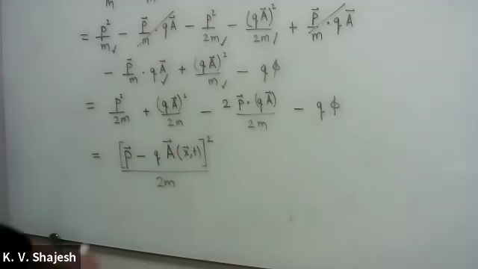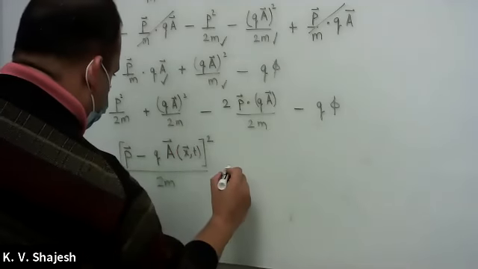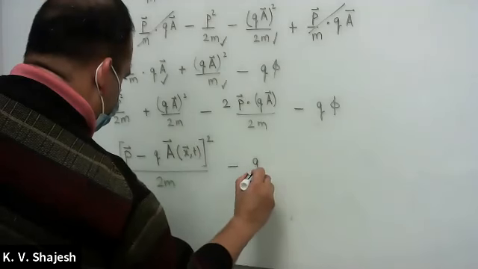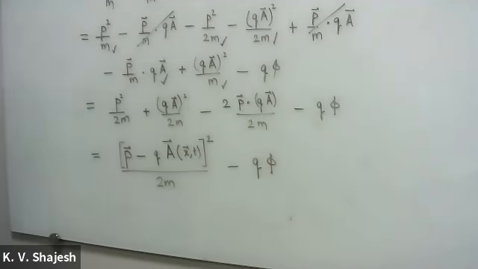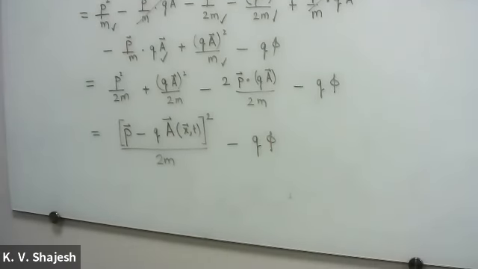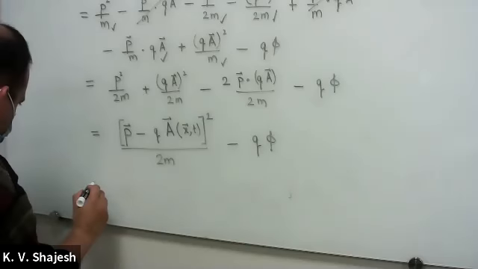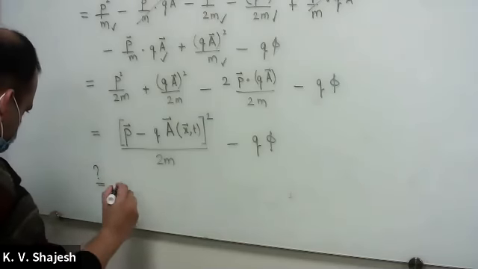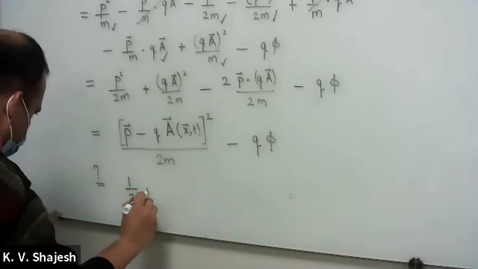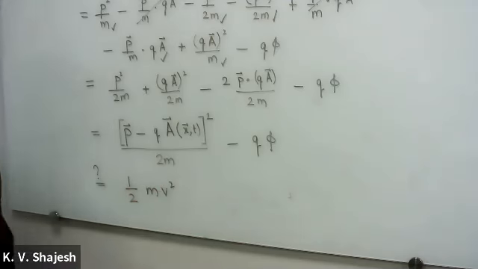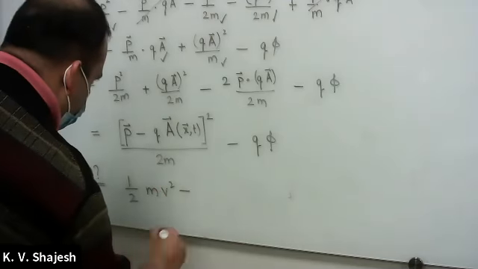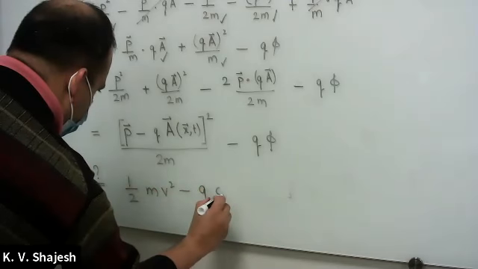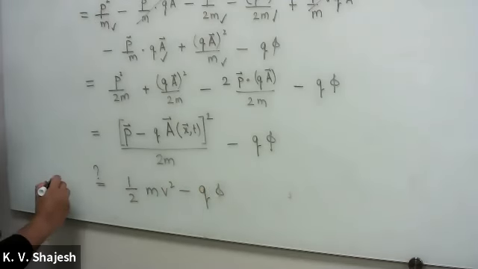It's just half mv squared if you want, minus q times phi. So to make it more explicit, this is nothing but symbolically, right? So maybe put a question mark there. This is nothing but half mv squared minus q times phi.